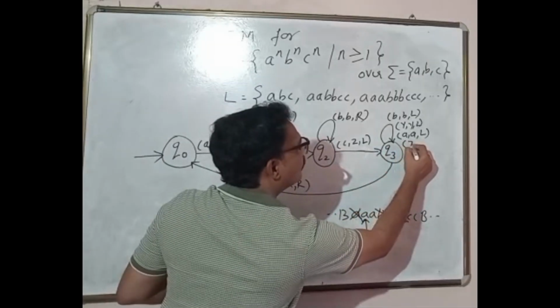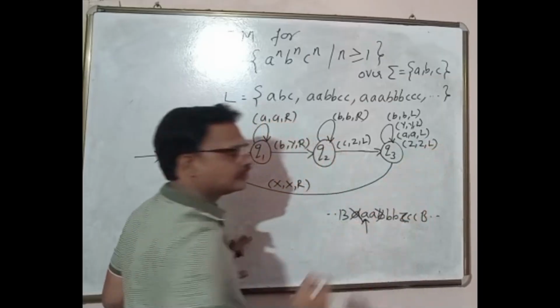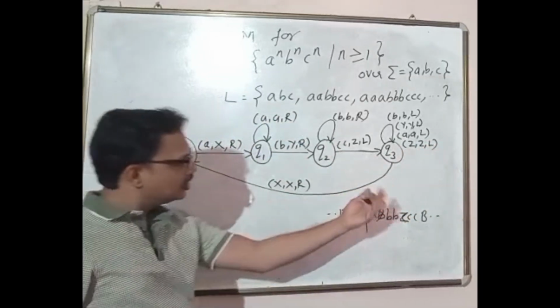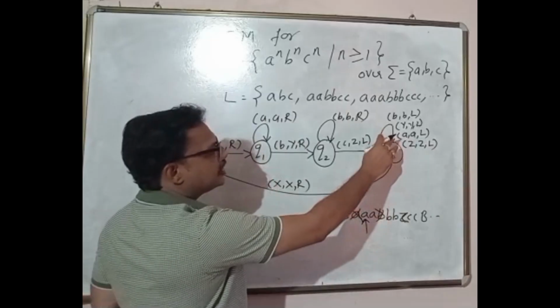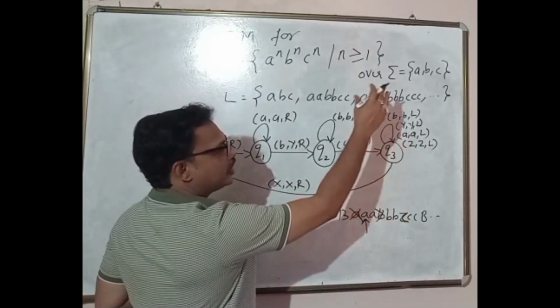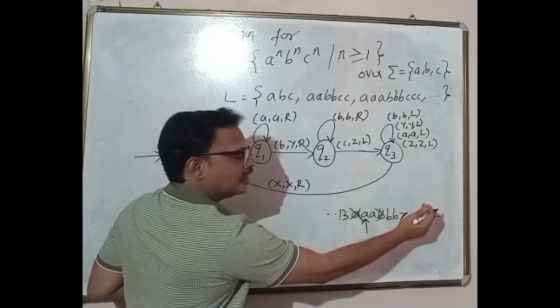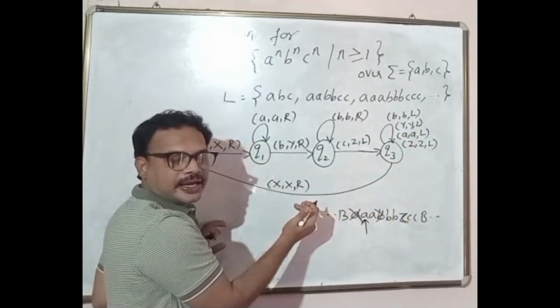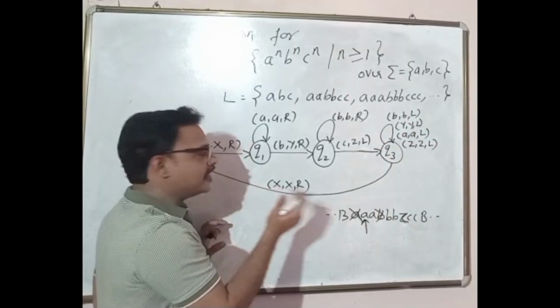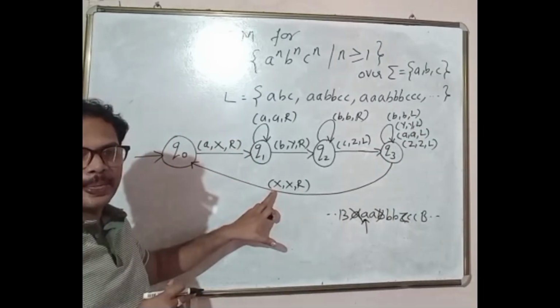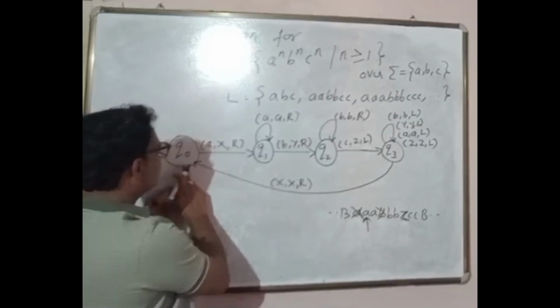So we have to ignore that. In this particular state, Q3, it may encounter several B's, several Y's, several A's, several Z's. No issues. Just make the tape head move towards its left until it encounters X. When it encounters X, it comes back to Q0.